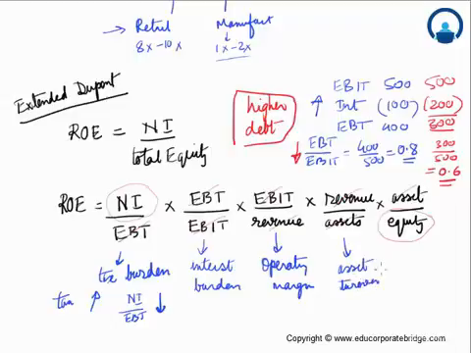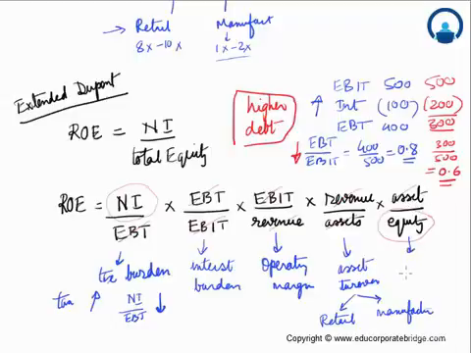Asset turnover essentially means how much sales you are generating per unit of asset. We have seen earlier that in retail companies this is a very high number. However, for highly capital intensive firms like oil and gas or manufacturing firms, this may be a bit lower number.